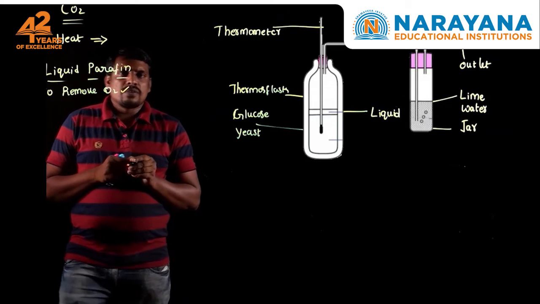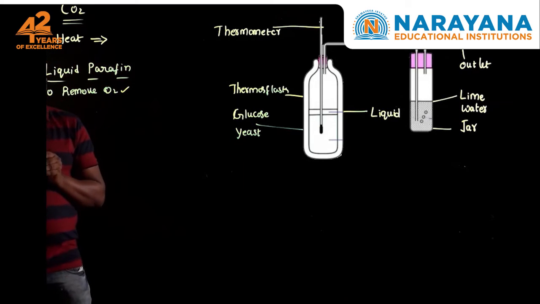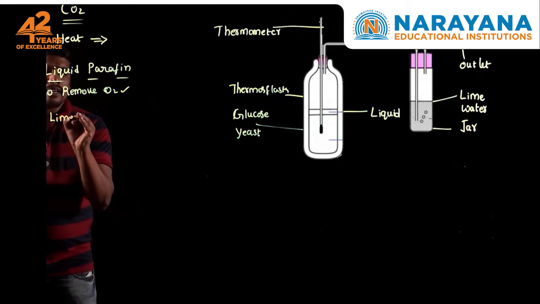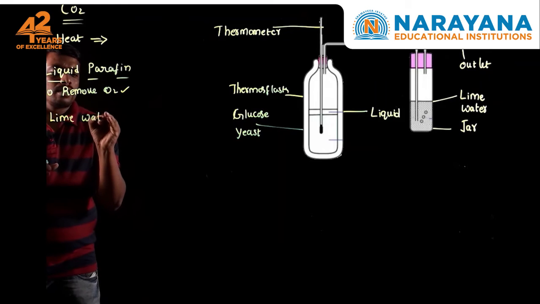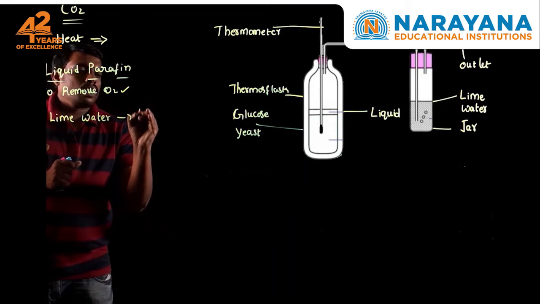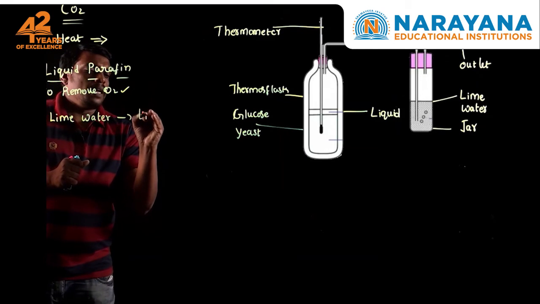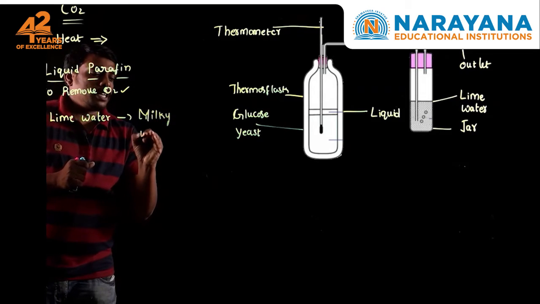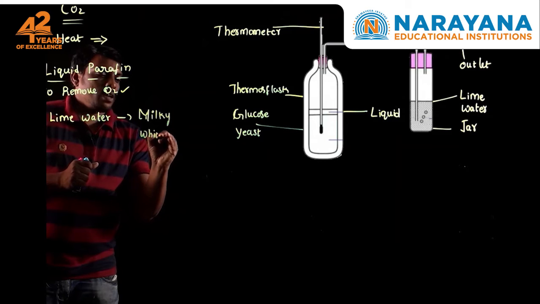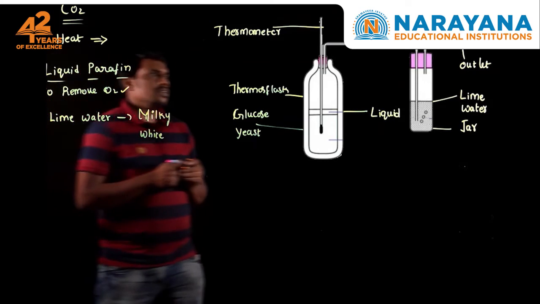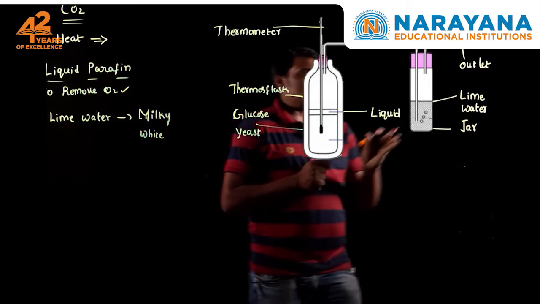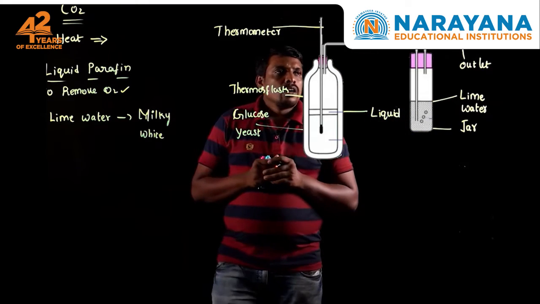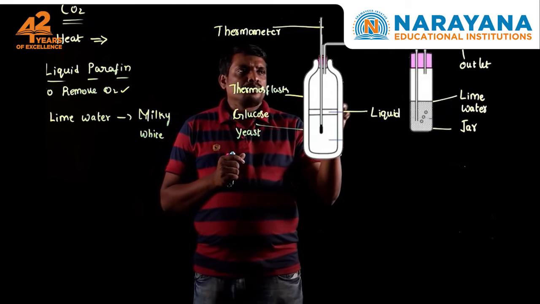Now, after a few minutes, you can see the lime water which is taken inside the jar converted into a milky white precipitate. What is the reason for the milky white precipitate inside this jar? The reason is respiration.